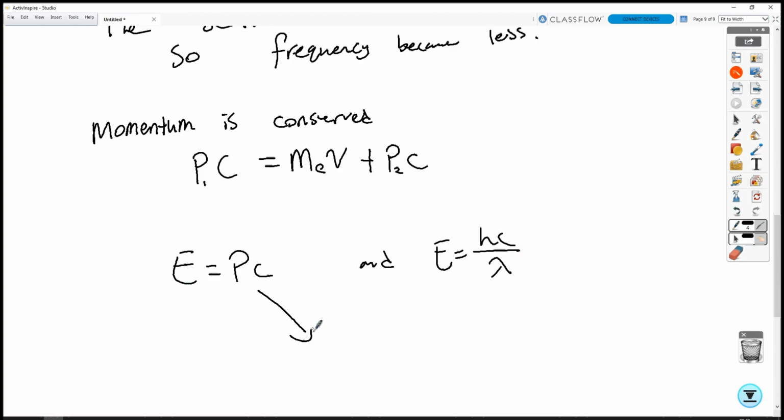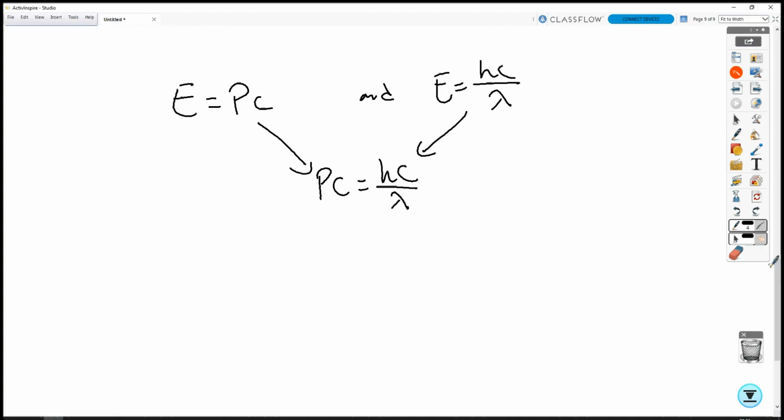So if we put these together, we've got Pc equals hc over lambda. The c's then cancel out. So you're left with P is equal to h over lambda.